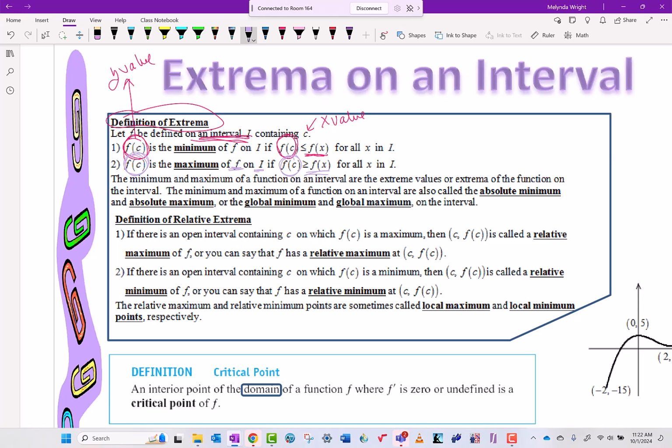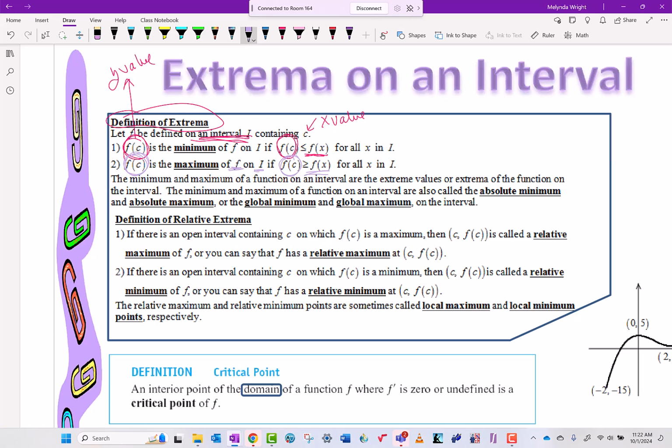Which kind of makes logical sense, right? And please note, the extrema is the y value. The minimum and maximum are y values, not x values. X values just tell you where they are.